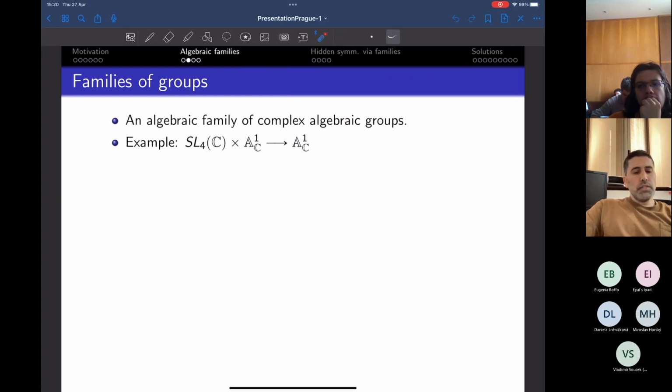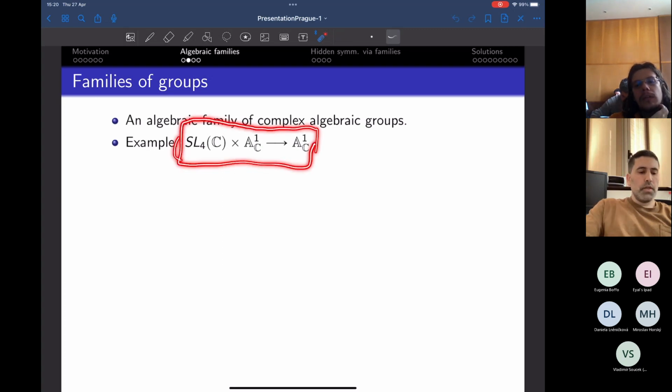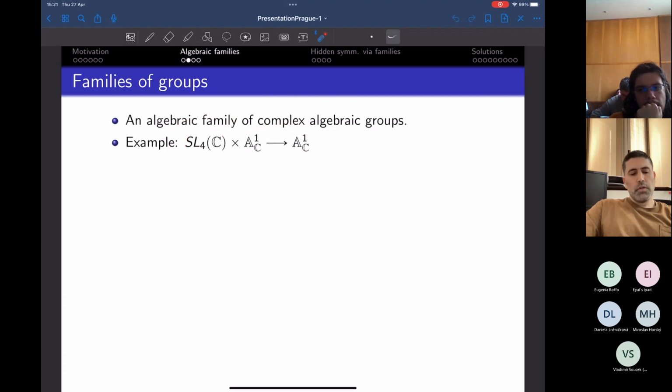A basic example is a constant group scheme. Namely, you take a complex algebraic group like SL4C, 4x4 determinant 1 complex matrices, and you take its product with the complex affine line, and this forms a constant family of complex algebraic groups.